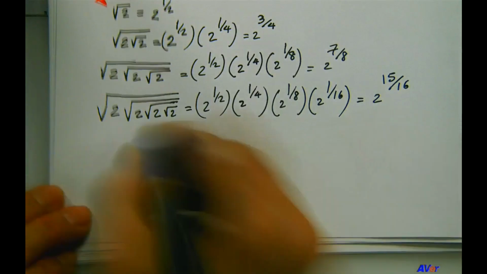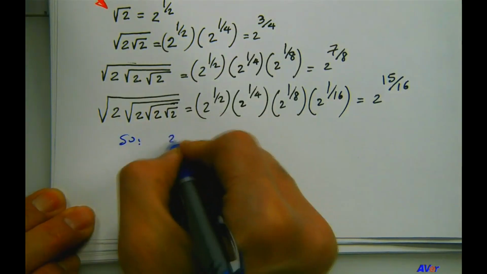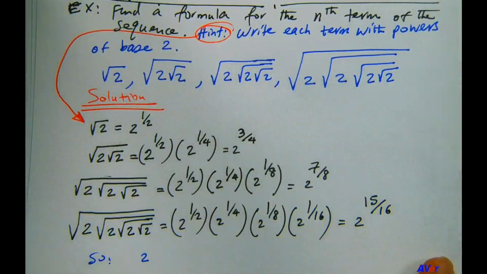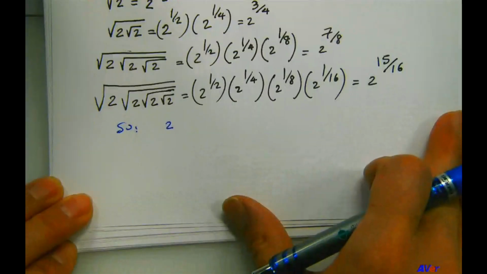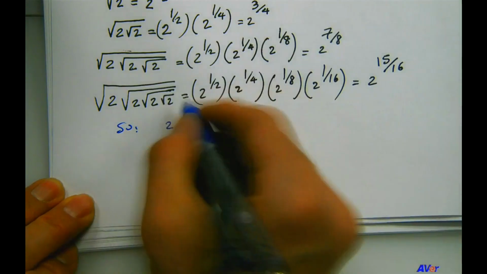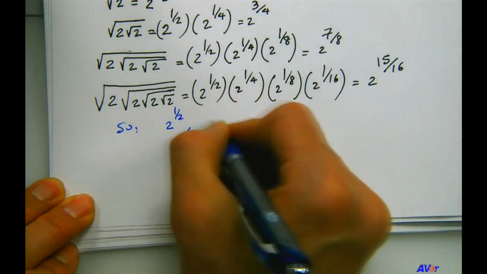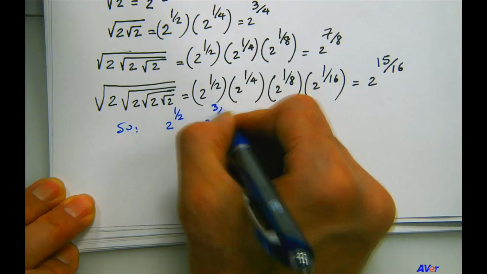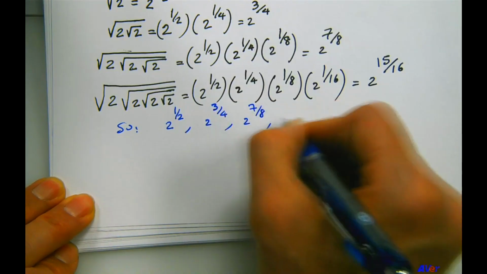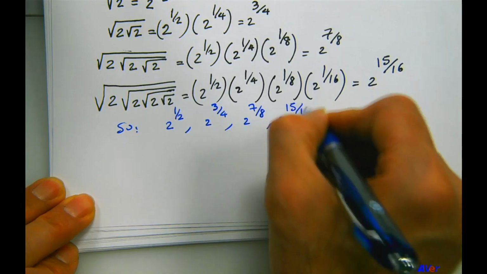Using this hint, we can rewrite the sequence in terms of numbers that have base 2 to some power: 2 to the 1/2 power, 2 to the 3/4 power, 2 to the 7/8 power, and 2 to the 15 over 16 power.